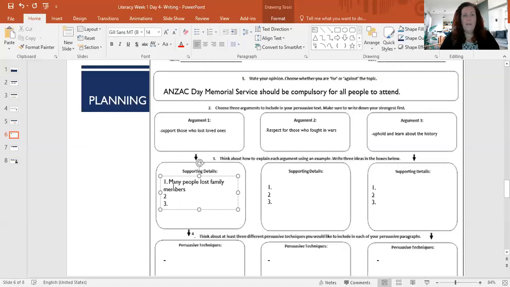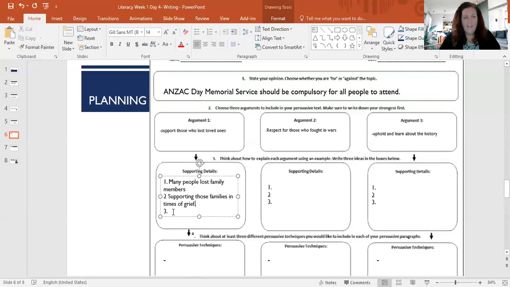I'm just going to write many people lost family members. We also support those who lost loved ones by supporting those families in times of grief. Fingers are too quick for me.